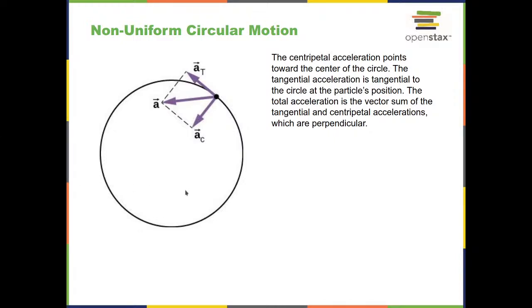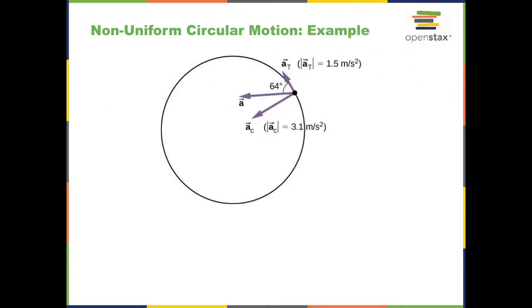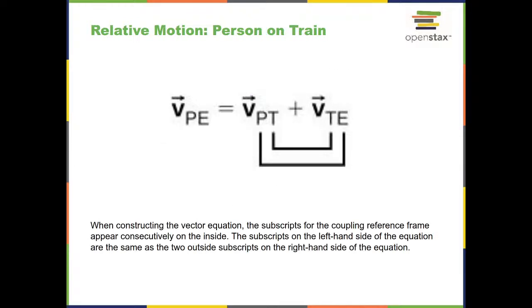Okay, so this was all about uniform and non-uniform circular motion, and you know, we could go to a numerical example, but of course that doesn't necessarily change much.